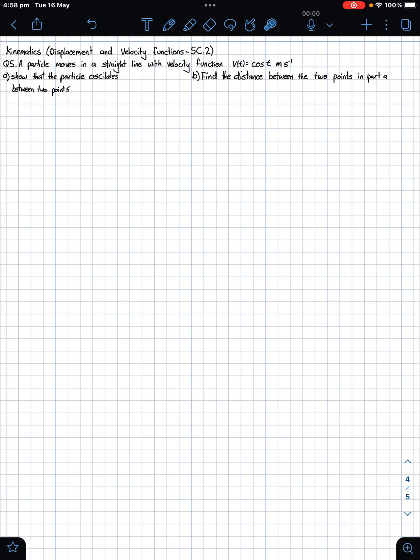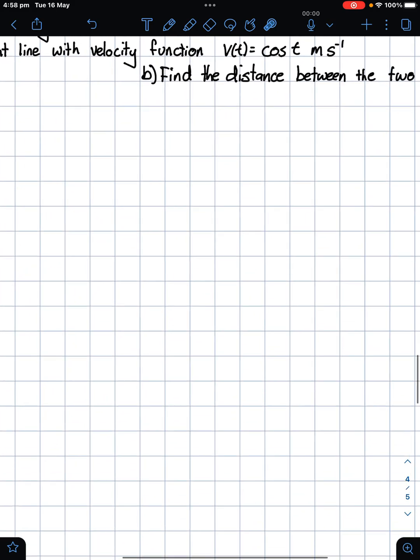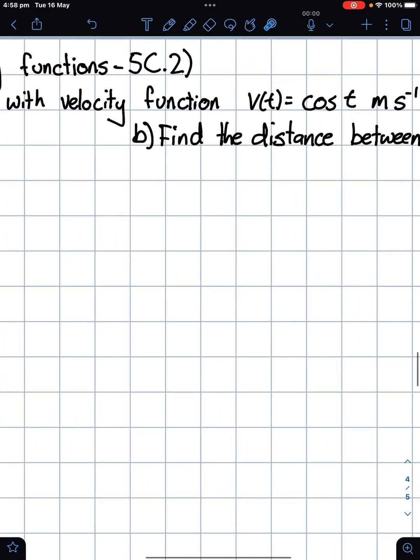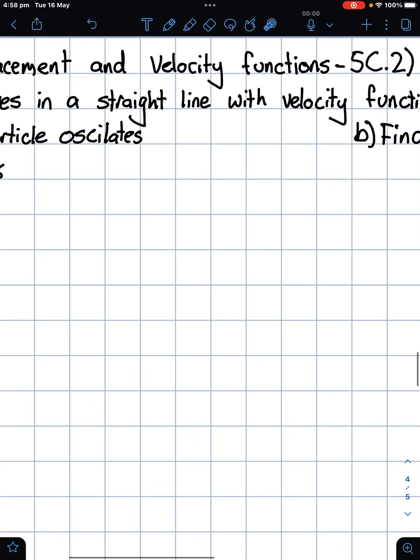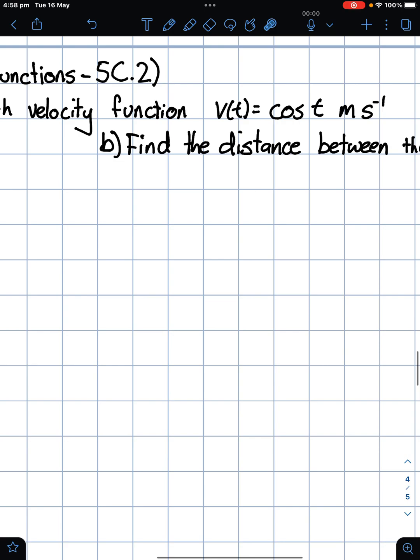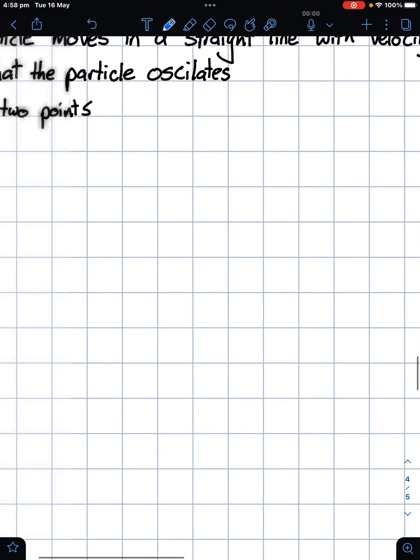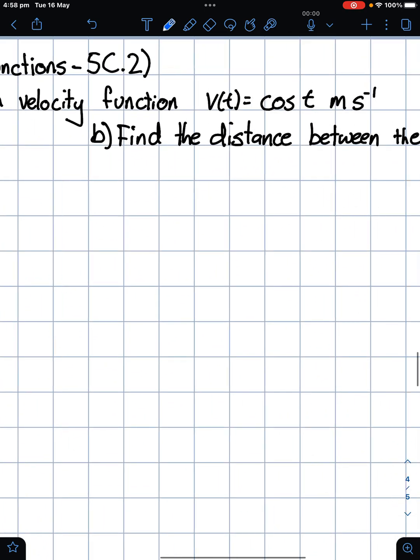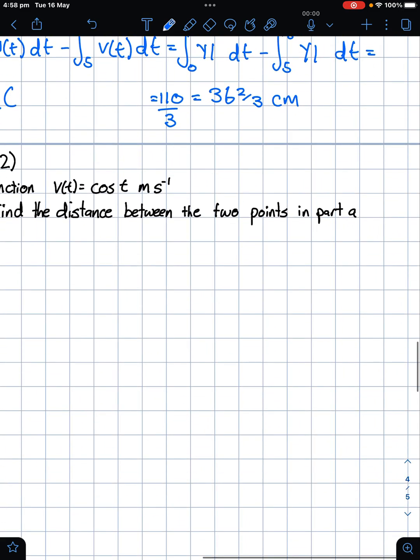v of t equals cosine t. Now, this just gives us the velocity here is going to follow a cosine function. So if I was going to graph this cosine function, I don't have much room here. I'm just going to consider this as a rough sketch. This cosine function would start at 1 and then it would go down and turn around and it would oscillate like this.